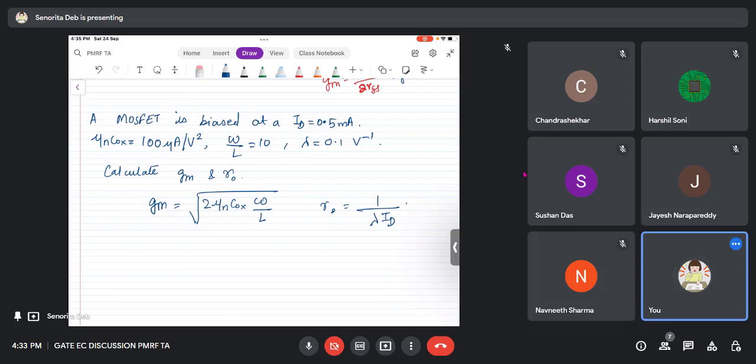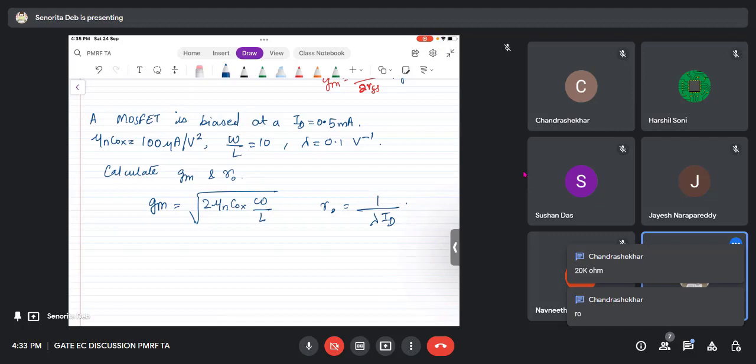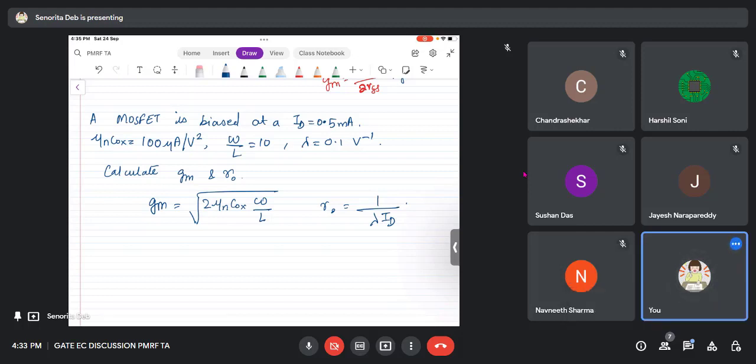Did anyone get the answer? So Chandrasekhar got 20 kilo ohm for r naught, I think, right? Okay. So anyone else got it? Jayesh, did you solve?